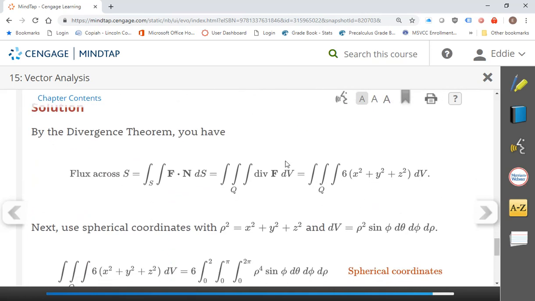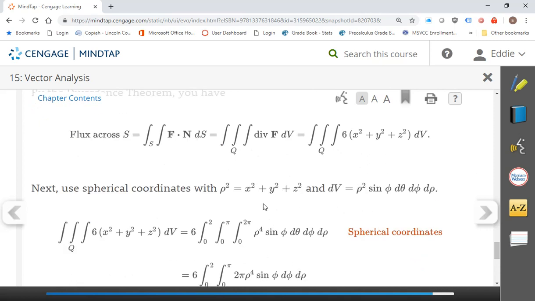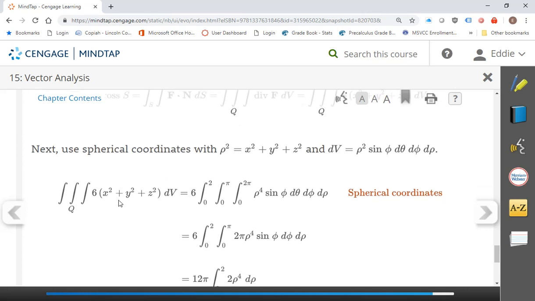Once we do the divergence, we end up with this. And it says using spherical coordinates is the easiest way to evaluate this. And so what they did is they went back and they plugged in all of those, you know, the dV is not dy dx or dz dy dx or dy dz dx dy. It's equal to rho squared sine phi, and then all of this here.